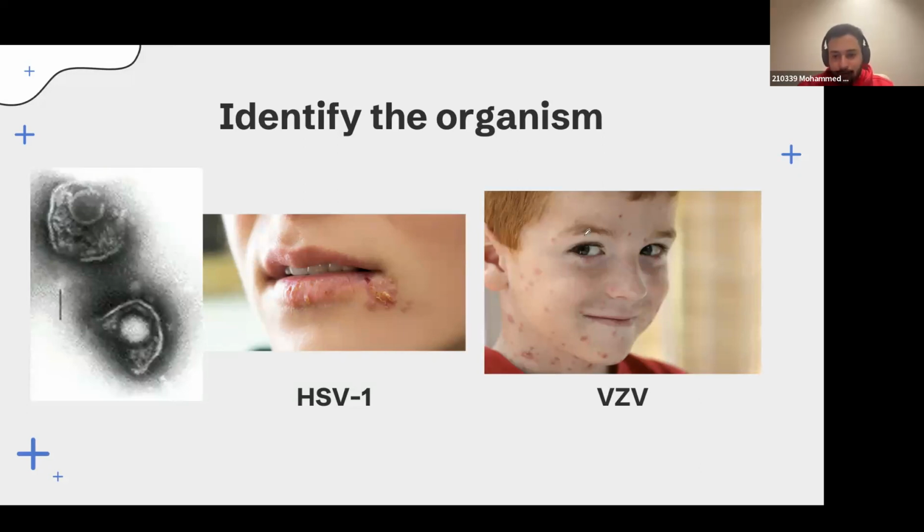Basically, the way we describe varicella zoster and herpes virus is a dewdrop on a rose appearance. I don't know if you guys need to remember that, ignore it. But basically, it's multiple vesicle lesions all over the body, and they're in multiple stages of healing. That's just a key description for how varicella presents.